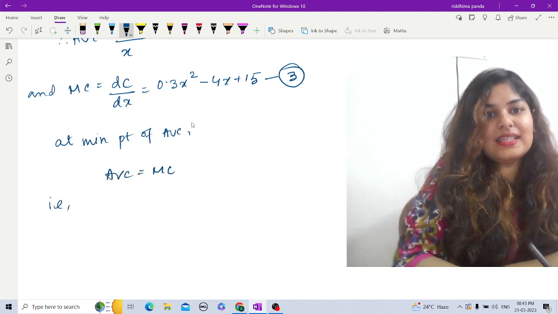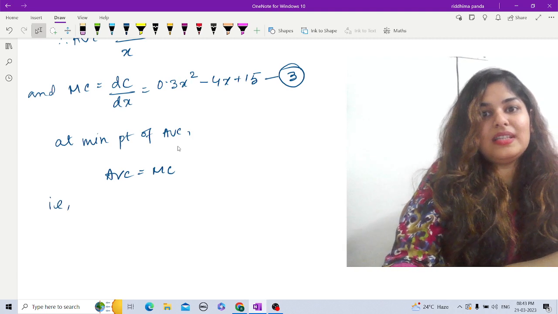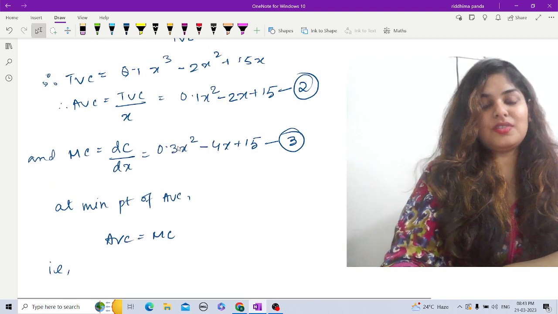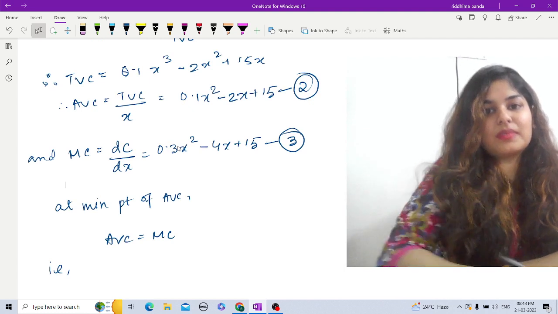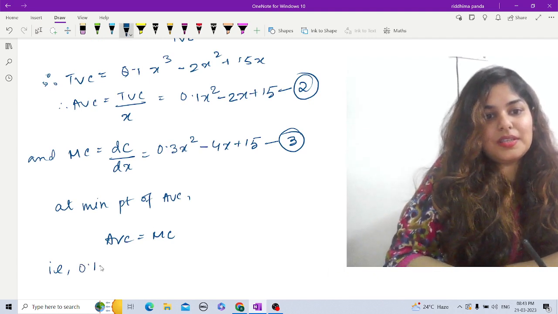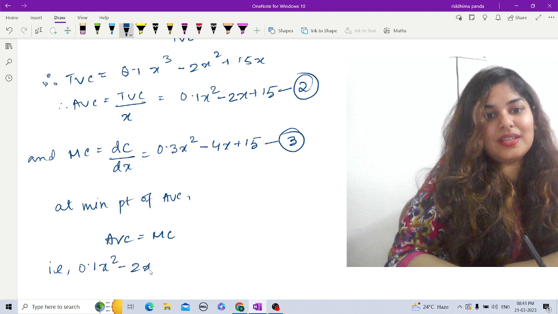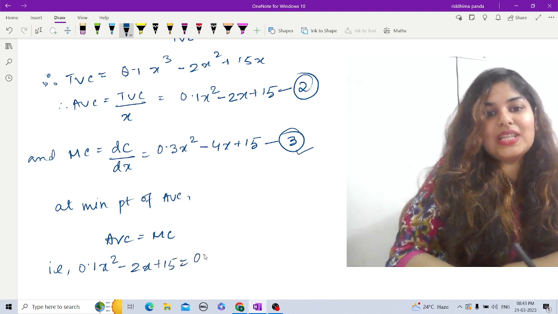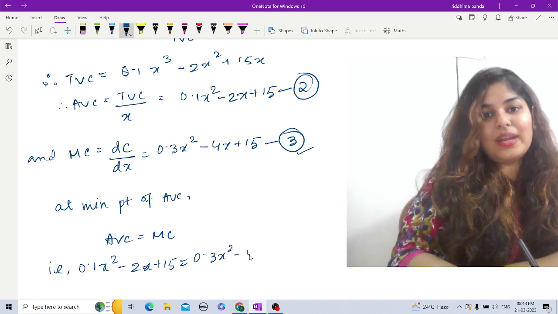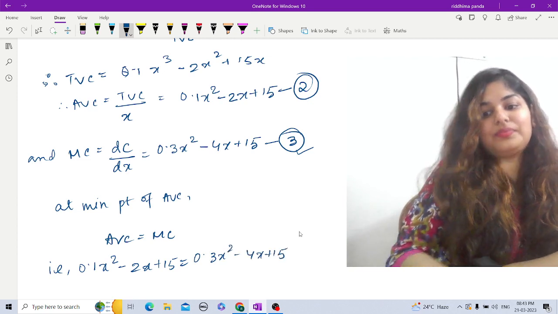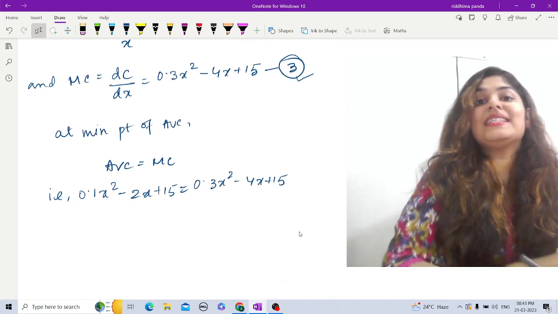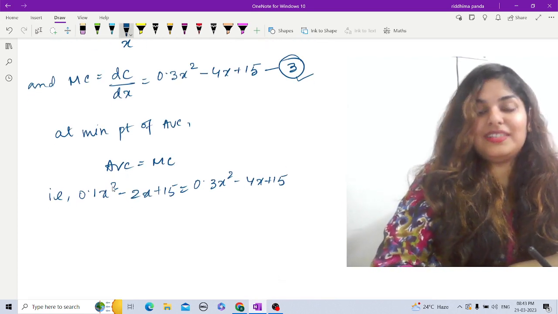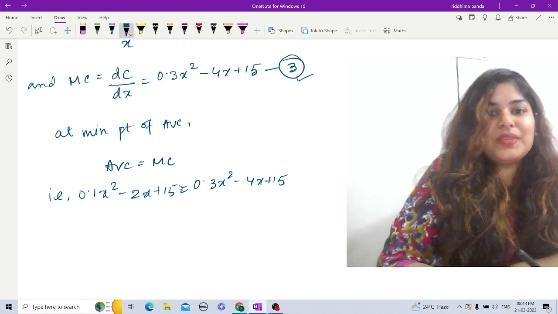How much is our AVC that we have calculated? Let's check. Yes, 0.1x square minus 2x plus 15 is equal to, this is our MC, 0.3x square minus 4x plus 15. So let's simplify and find out the value of x, that is the output level at the shutdown point, right?